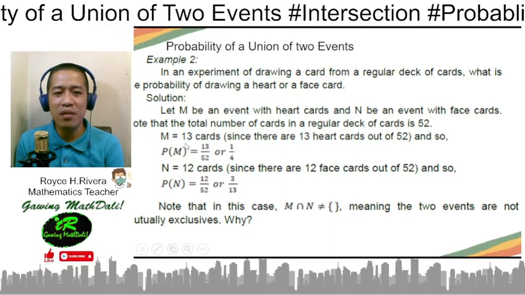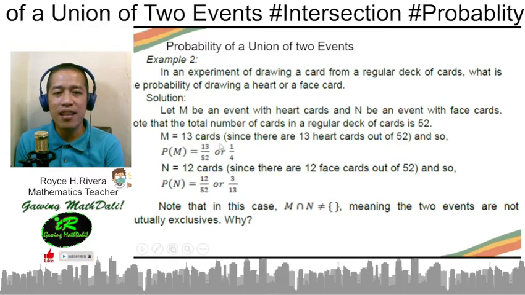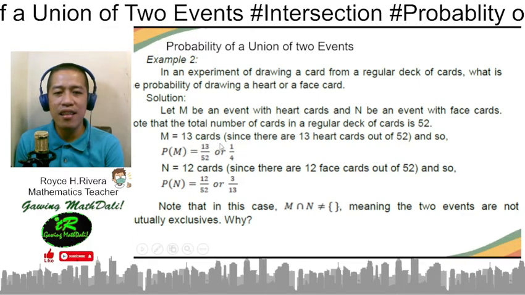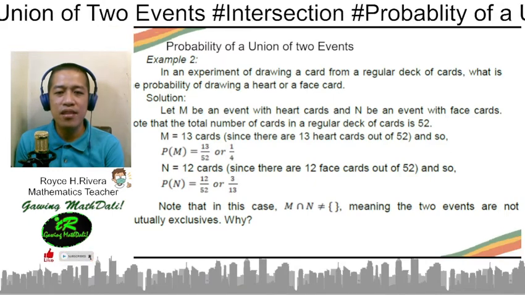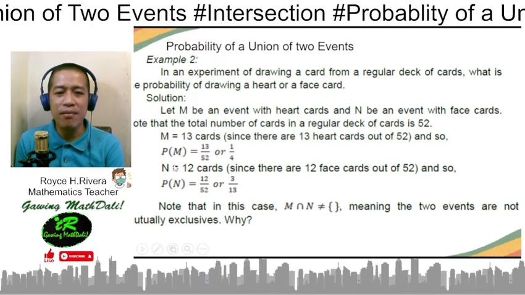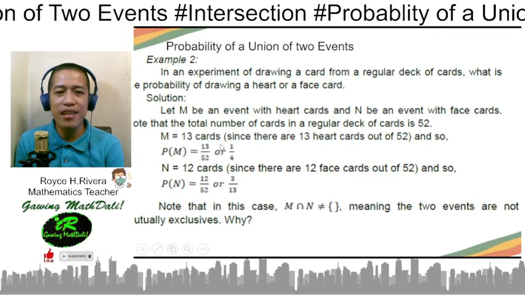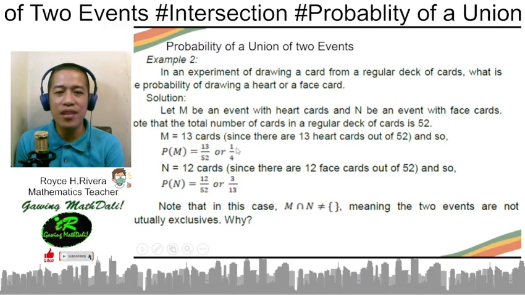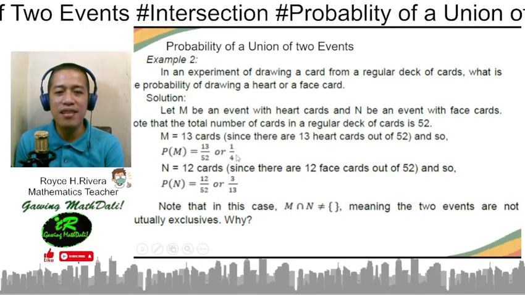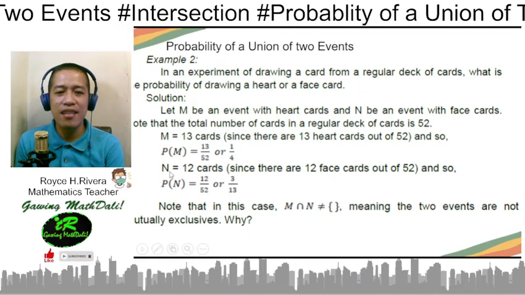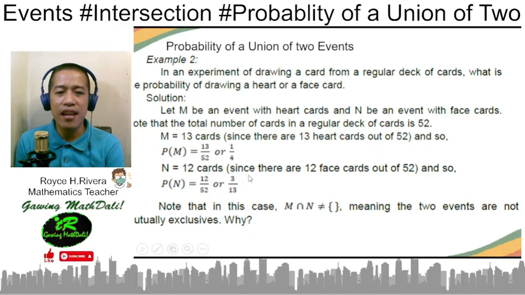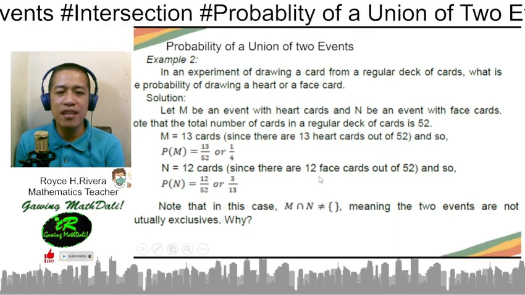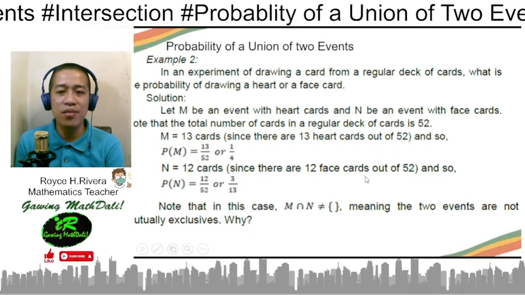M is equal to 13 cards since there are 13 heart cards out of 52. And so, P of M is equal to 13 over 52, or simply 1/4. N equals 12 cards since there are 12 face cards out of 52.